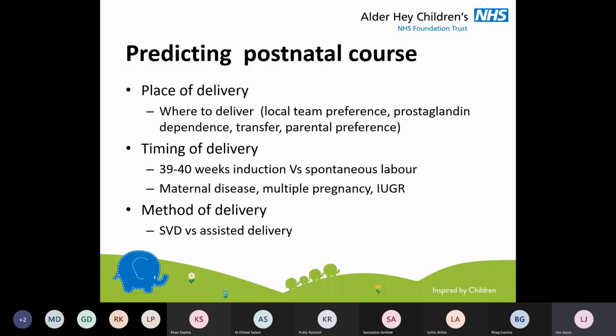If it's multiple pregnancies, it also needs to be brought forward from the 39 to 40 weeks. If there's already evidence of IUGR at 32, 33 weeks, then you need to consider, is it worthwhile to keep the baby in with an increased risk of in utero demise, or should you then just give steroids to mature the lungs so that the delivery can be expedited? So these are not straightforward issues, but things that you need to discuss with the parents so that they make an informed decision.